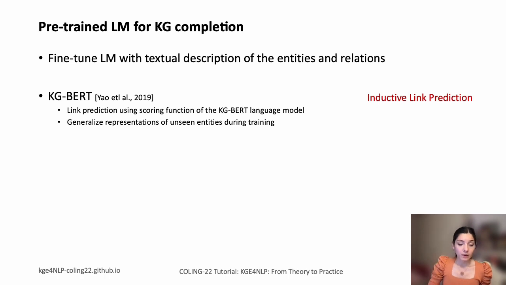Since they train the language model with the text corpus, they can generalize the representation to the entities that are unseen in the training knowledge graph. However, they do not directly deal with natural language question answering.